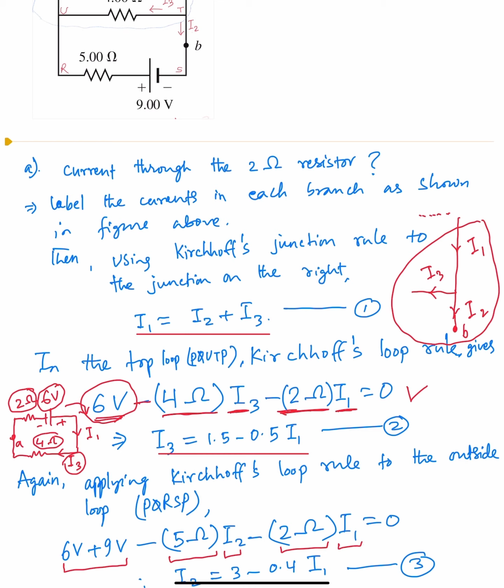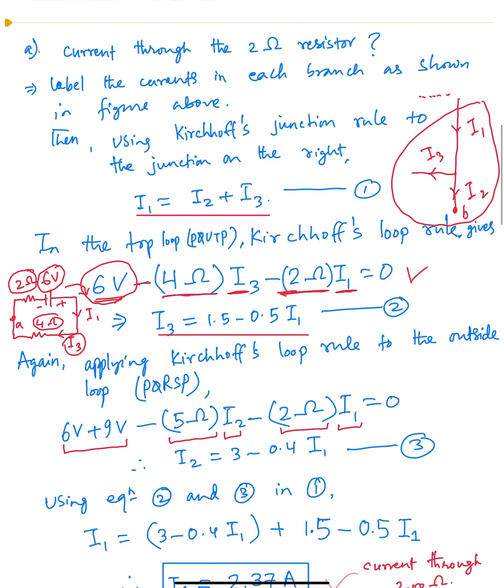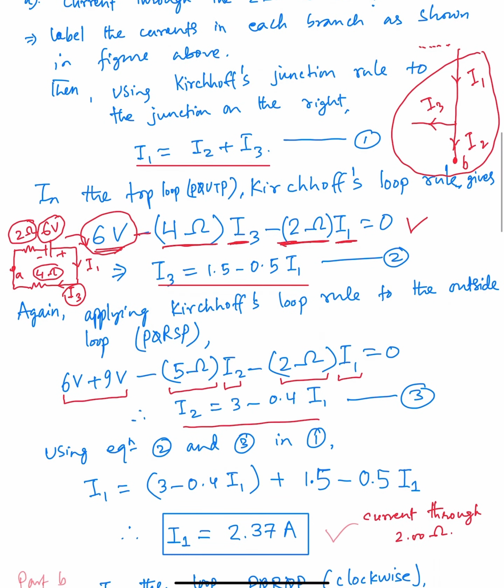Again the difference must be equal to 0, because the total supply is 15 volt. So you can find another equation, which you can refer to as equation 3, and you can solve all the equations.